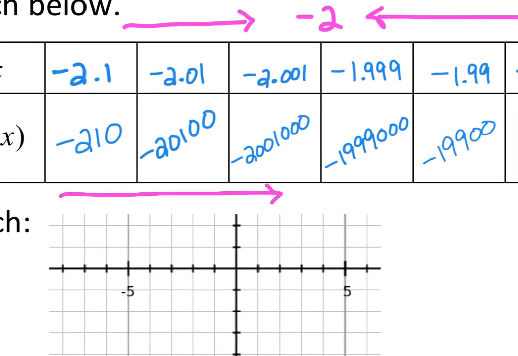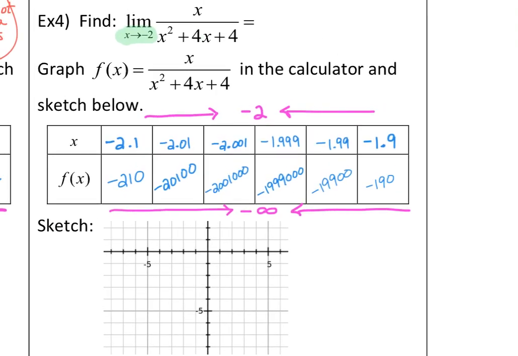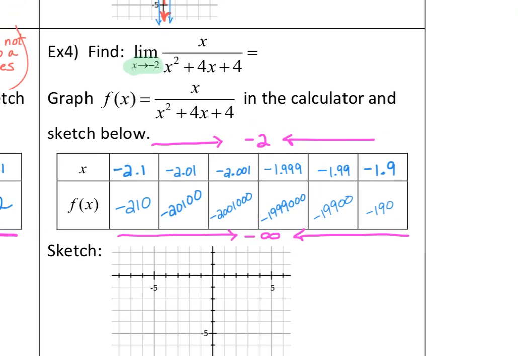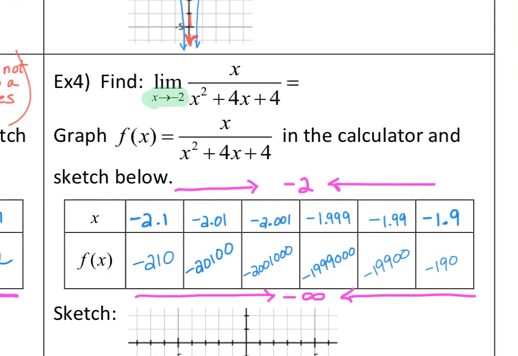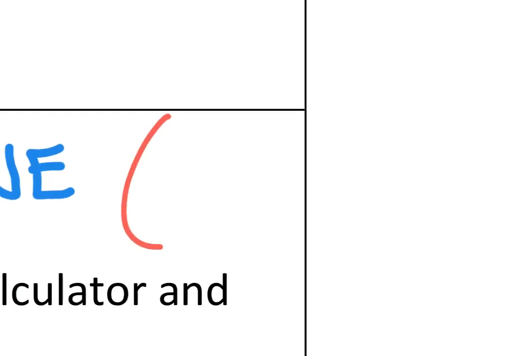And if you put a few more 9s in there, you just get ridiculously huge. But remember that negative infinity is not a number. This limit does not exist. And again, it's because the f of x doesn't converge to a value.